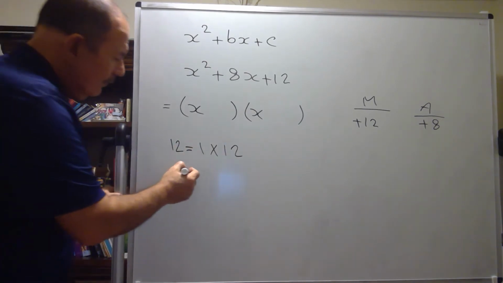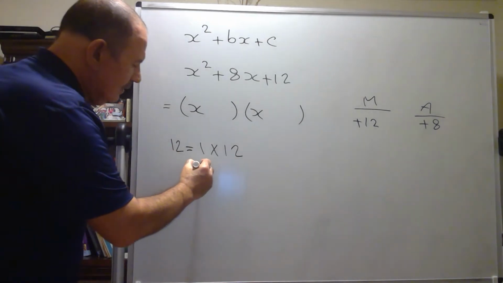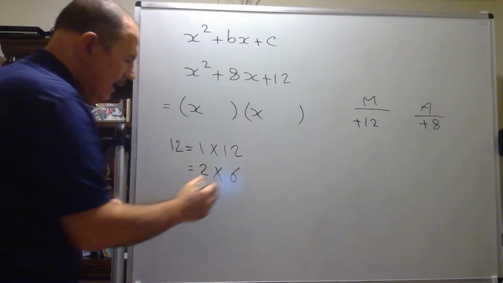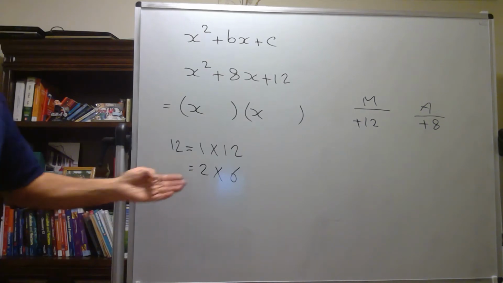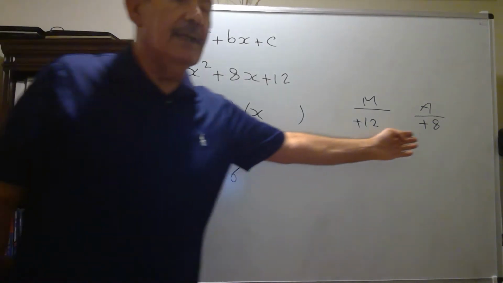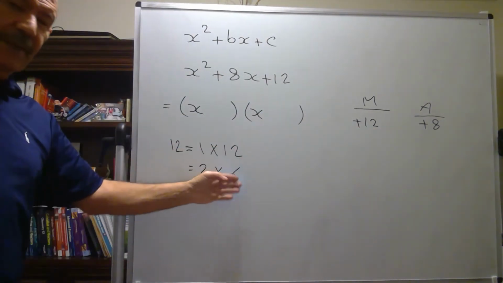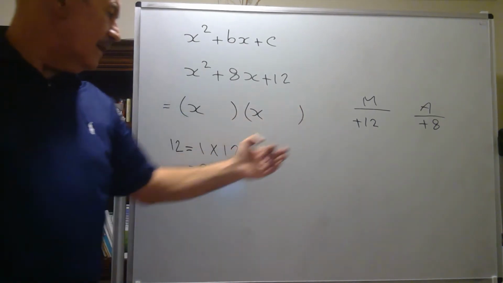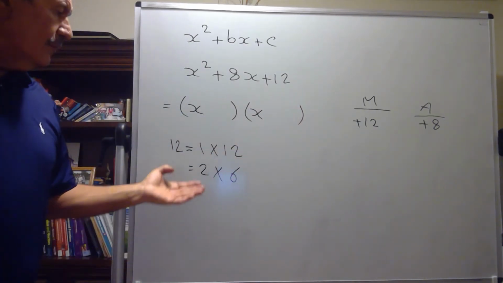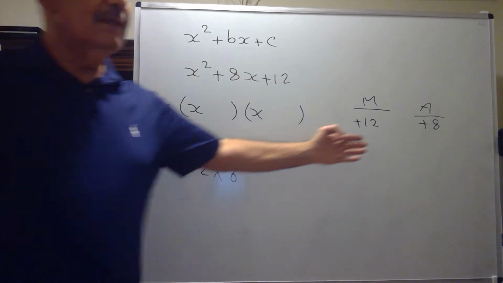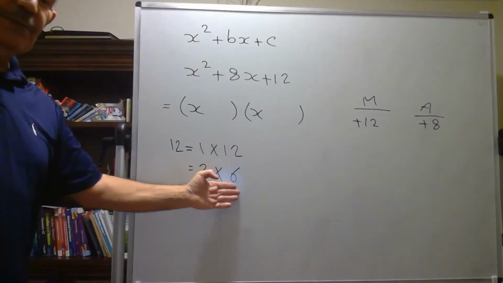And for 12, it is an even number, so it is 2 times 6. As you see, 2 plus 6 gives me this 8. All of these numbers, if I multiply them, give me this 12, but I keep an eye on which of them, when I add, gives me this 8. And it's going to be 2 and 6.